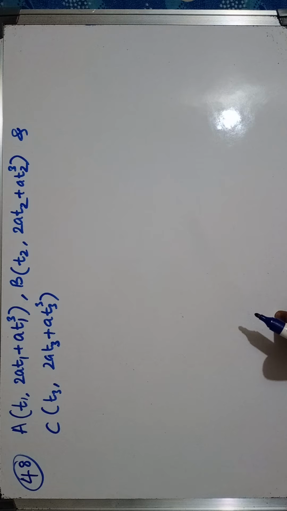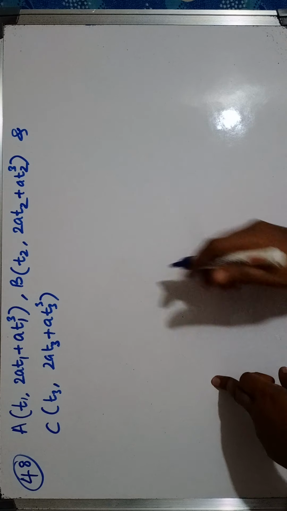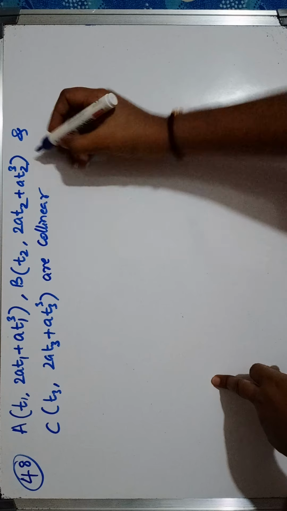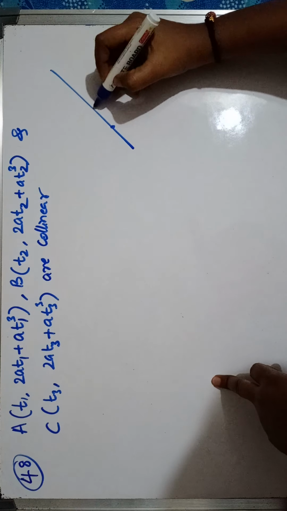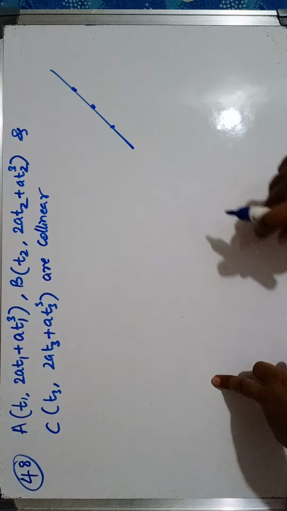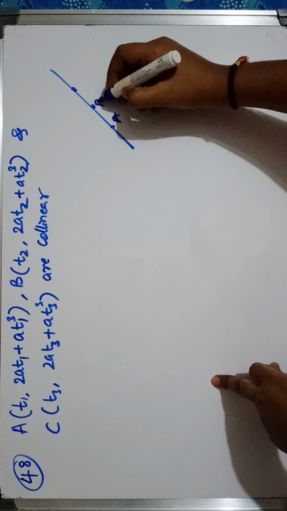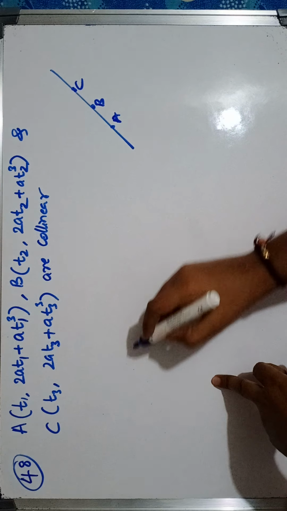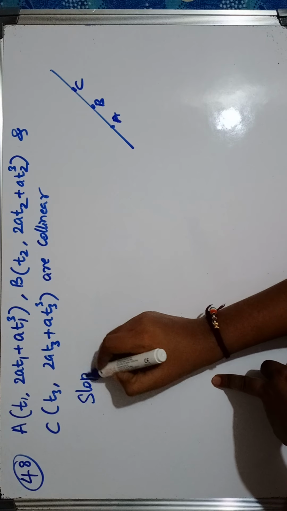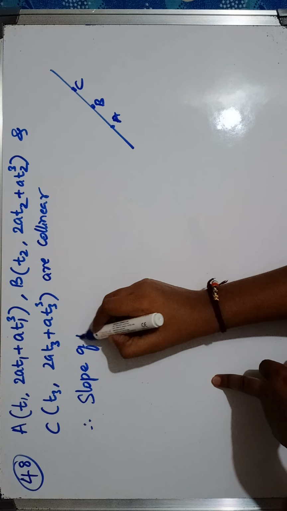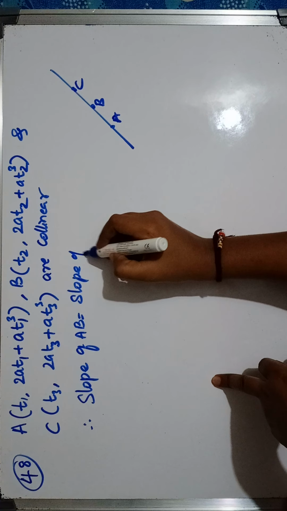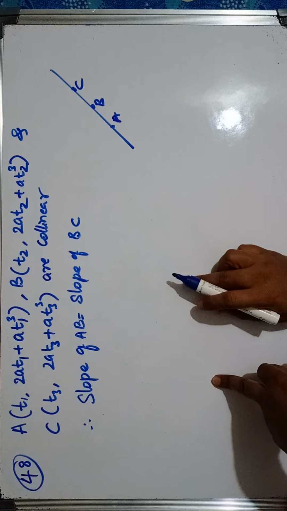So since these 3 points are collinear, we know that 3 points are said to be collinear if they lie on the same line. Therefore slope of AB is equal to slope of BC.